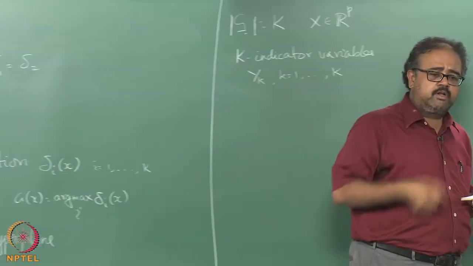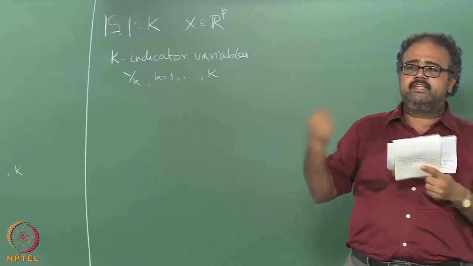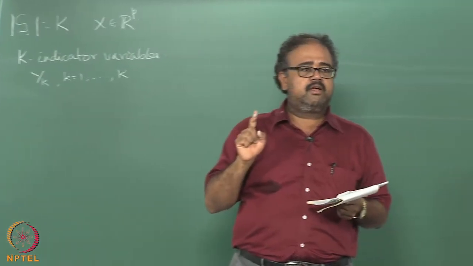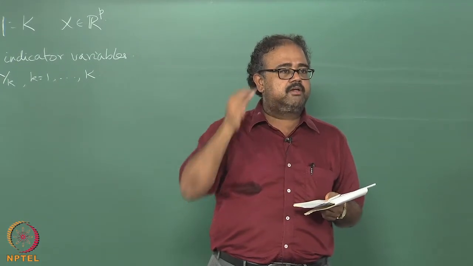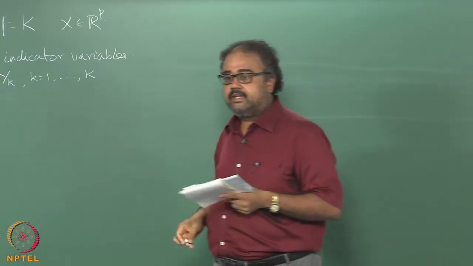Now remember we talked about 1 of k encoding. So one of these k indicator variables will be 1 for any input, depending on what class that data point belongs to.